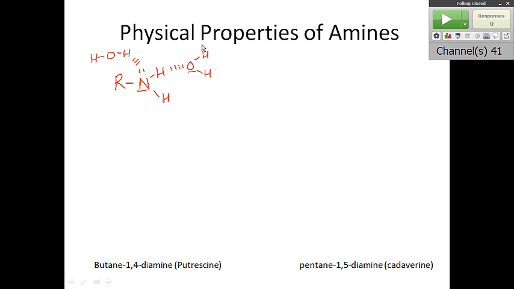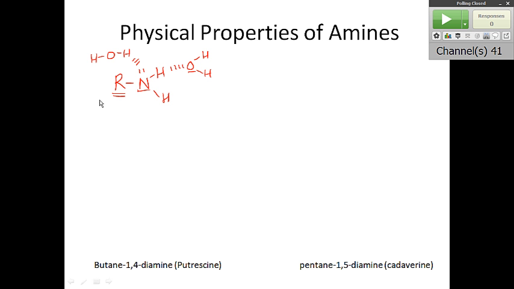But amines tend to be really water soluble as long as the R group is small. Once the R group gets larger or becomes aromatic, then the amine is not as water soluble. So it's kind of similar physical properties to what alcohols have.